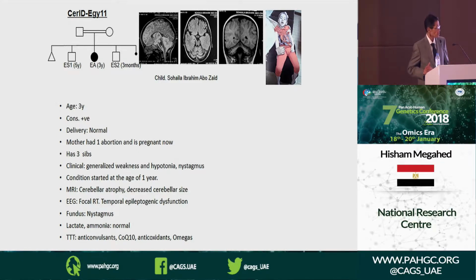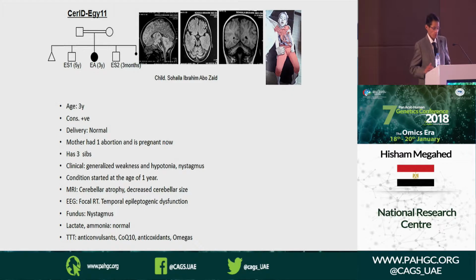And this is the first case. As you see, most of the clinical symptoms are not specific: hypotonia, deterioration and weakness. Of course, there are cerebellar ataxia and cerebellar signs and symptoms. Most of the cases, if not all, had epilepsy. They were treated with anticonvulsants and some brain tonics.